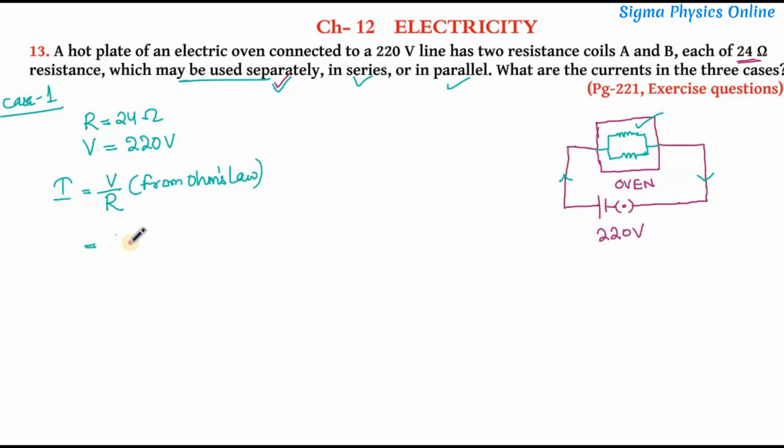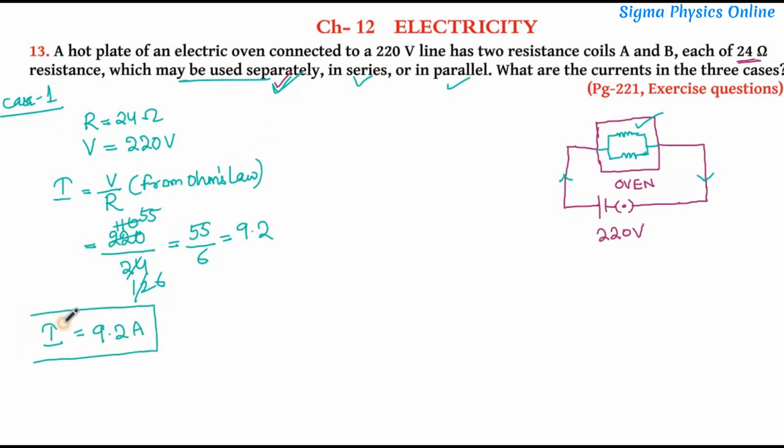So the potential difference given here is 220 volt by the resistance, which is 24. So it is 55 by 6, which is 9.2. So the current value in the circuit when they are used separately is 9.2 ampere. So this is your first value, I1.